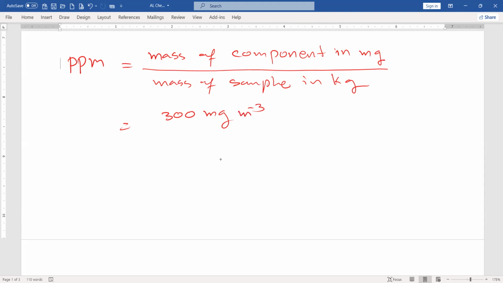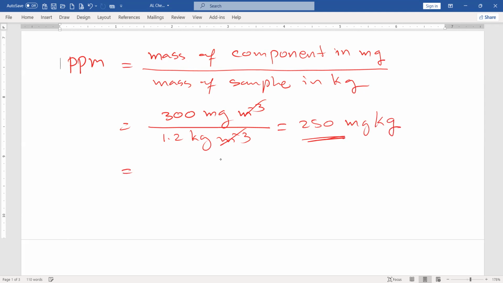Then the mass of the bulk or the mass of the sample, as we consider 1 cubic meter again, is 1.2 kilograms. Then this will cancel. 300 divided by 1.2 will be 250 milligrams per kilogram. So we can write it as 250 ppm.